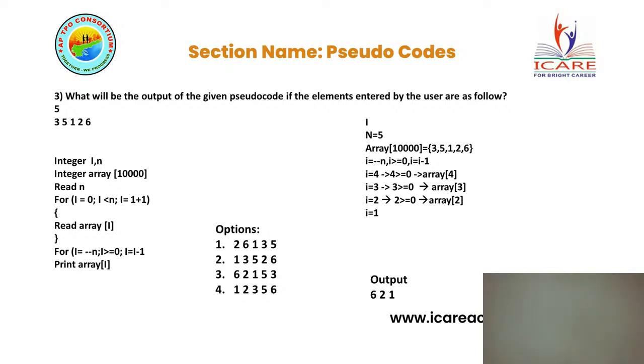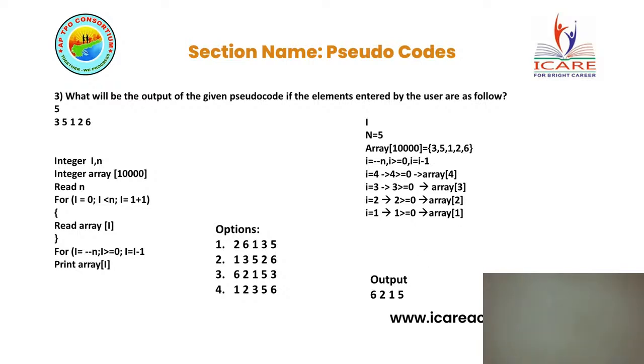So I value is 1. 1 greater than or equal to 0, the condition is true, and again array of 1. Whenever we are calling array of 1 we are getting the value 5. So we are just printing the value 5.